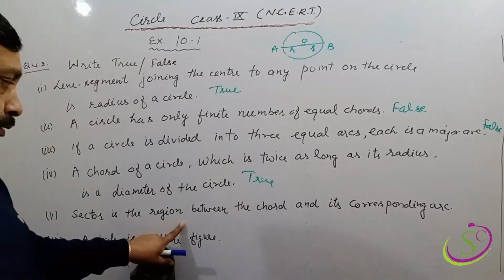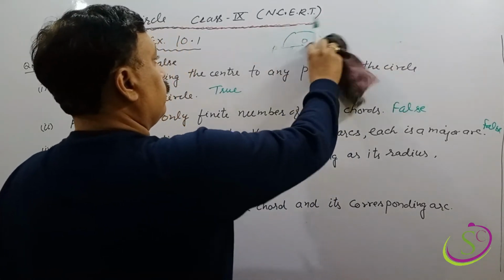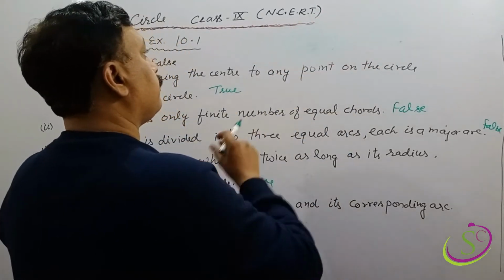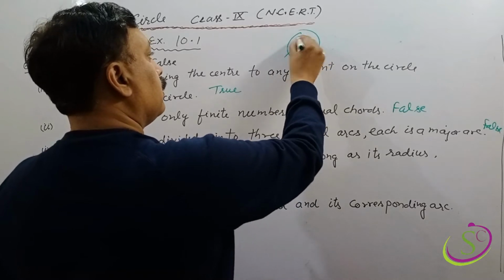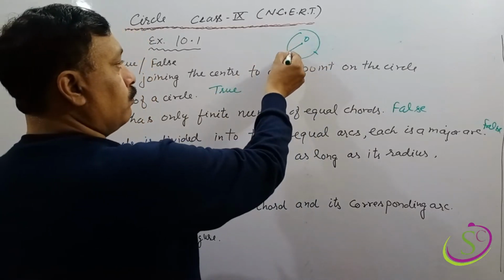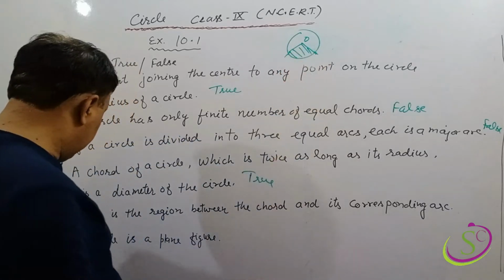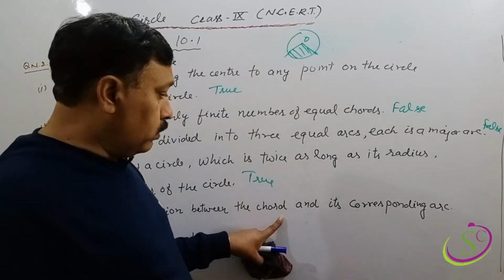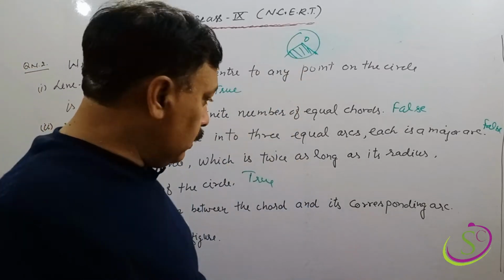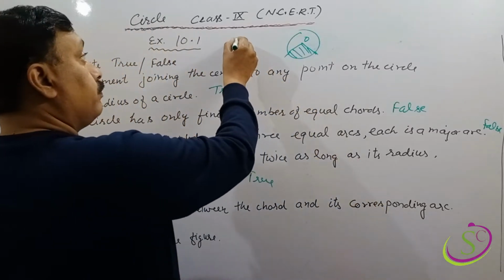Sector is the region between the chord. What is a sector? Sector is the region between any arc and the radii drawn from the ends of the arc. This is a sector. But here it says sector is the region between the chord and its corresponding arc.